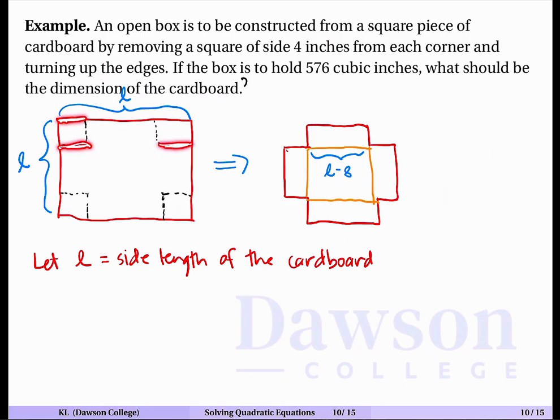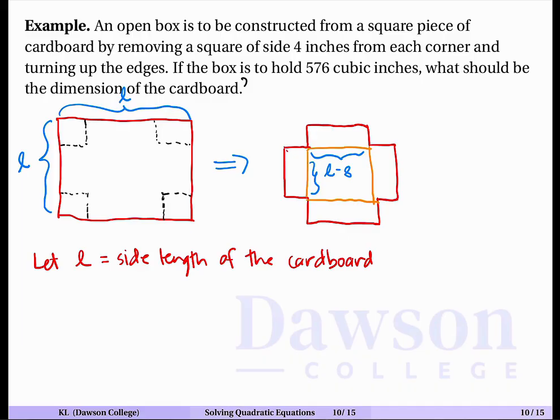This is also 4 inches, which means this is 4 inches. So you remove 8 inches. Similarly, this is 4 inches, 4 inches. So this part here is also L minus 8. That will be the base of your box.